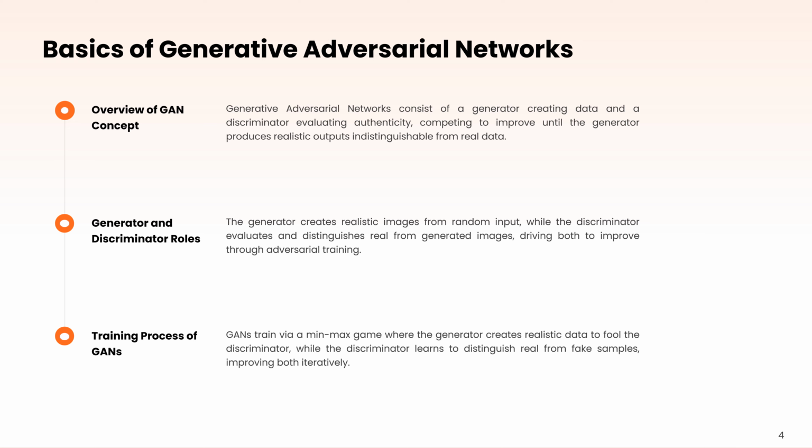Third, architectural and hybrid advancements. Beyond improvements to the losses, researchers pursue architectural innovations. Mini-batch discrimination to encourage diversity within a batch. Unrolled GANs that anticipate the discriminator's responses to stabilize training, and self-attention or transformer-like blocks to capture long-range dependencies.